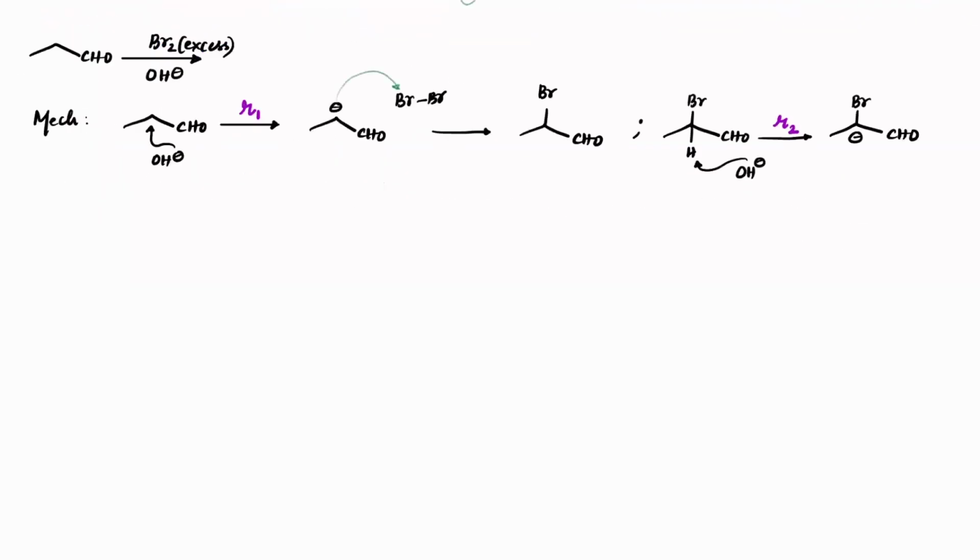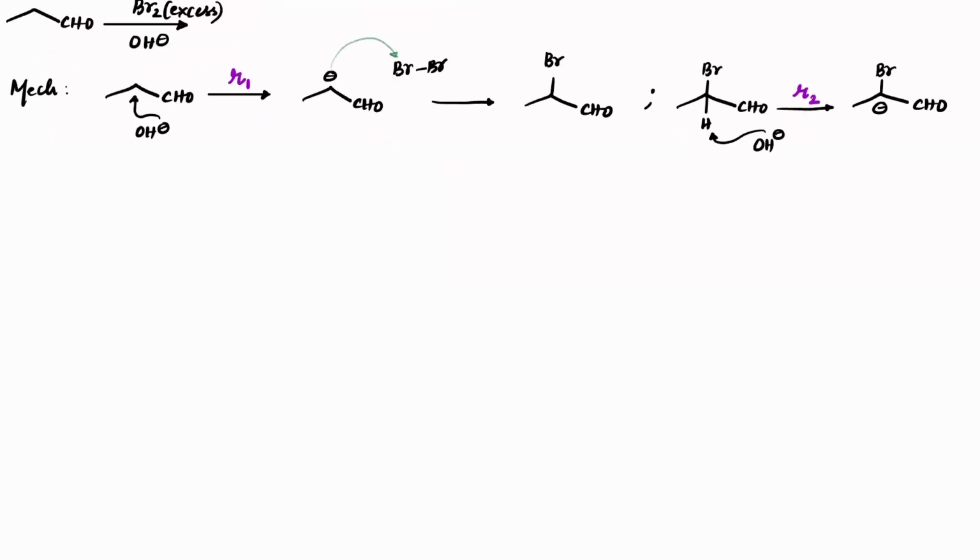So in that case, what we can say is, at this position there was no withdrawing group, but at this position, Br is a withdrawing group. Because of the withdrawing group, this hydrogen's acidity will increase. So if you compare the hydrogen here versus this hydrogen, then this hydrogen is more acidic.